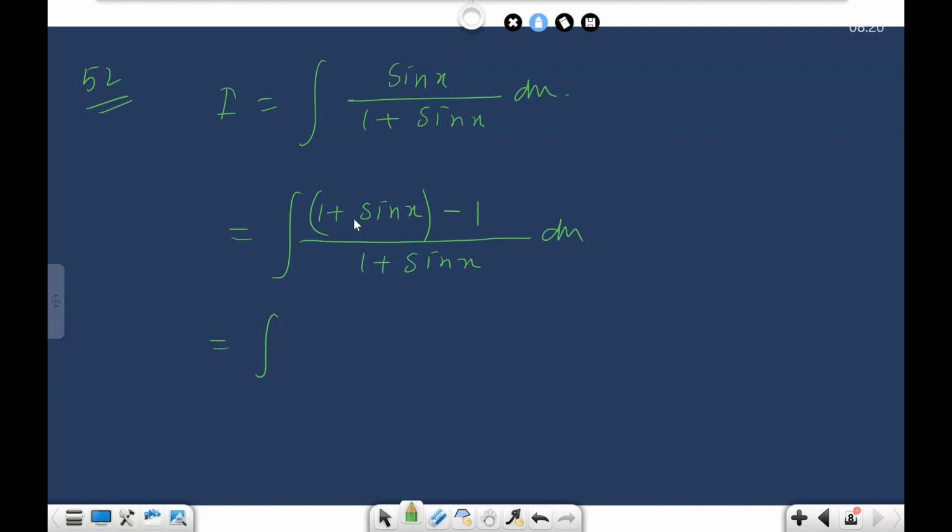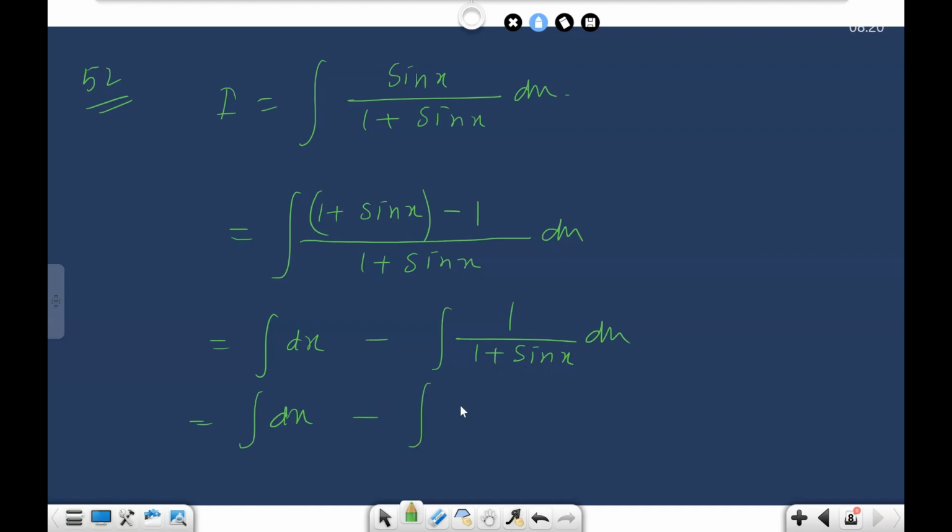It is equal to integration of this term divided by this term, which will be cancelled out, so only dx will be there, minus integration 1 by 1 plus sine x. Now recall, this problem is already done in the previous classes. So this is equal to integration of dx is the same, then minus integration.